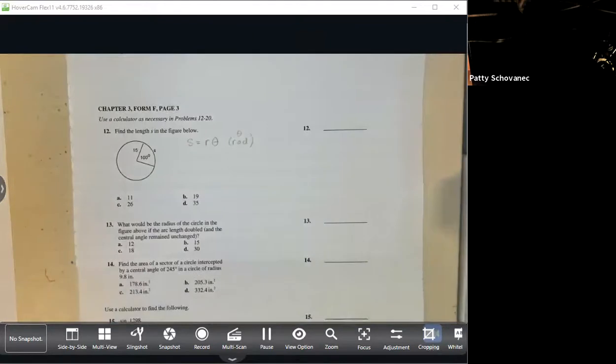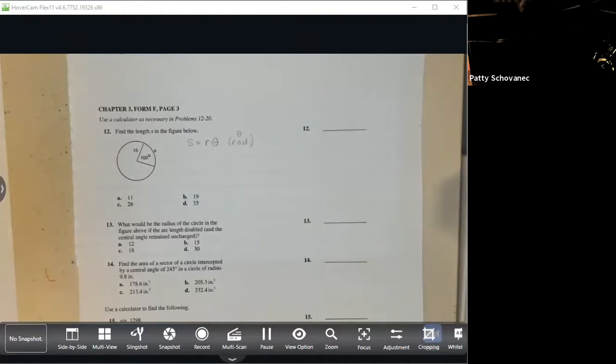So your first task is to convert 100 degrees to radians. You take 100 and multiply it by pi over 180.